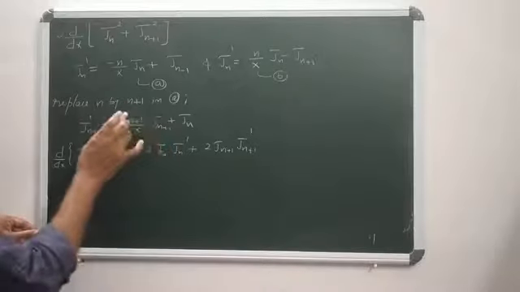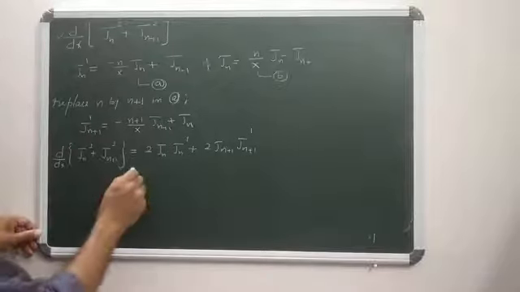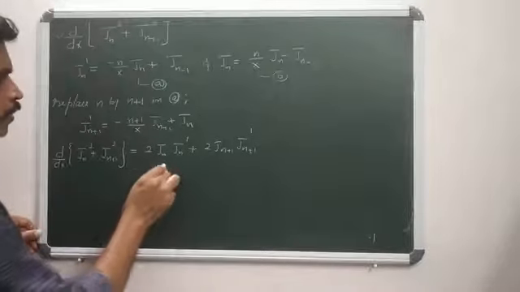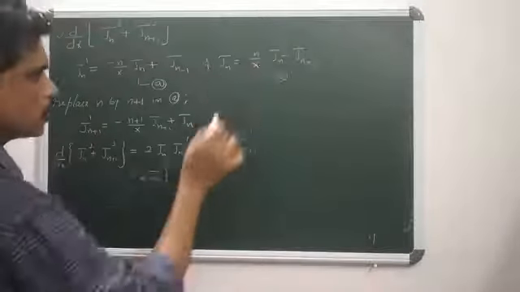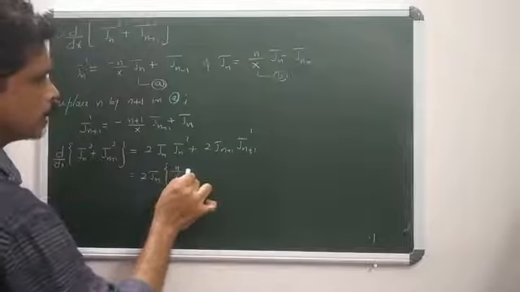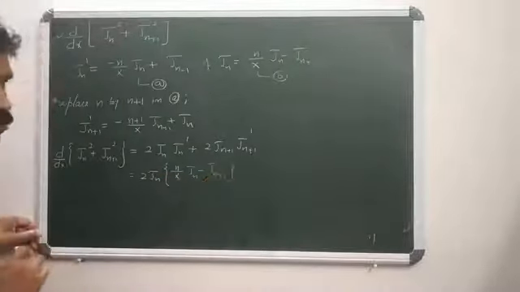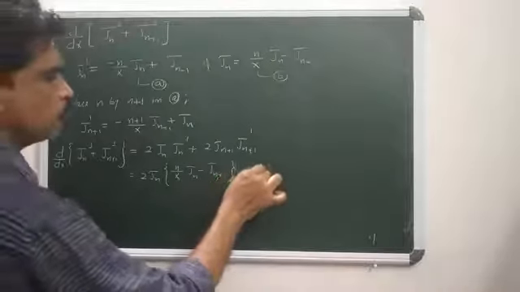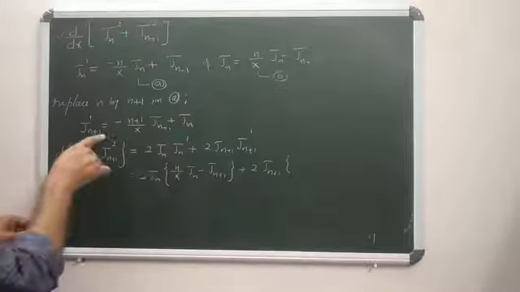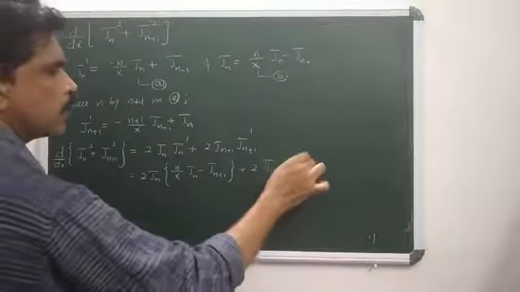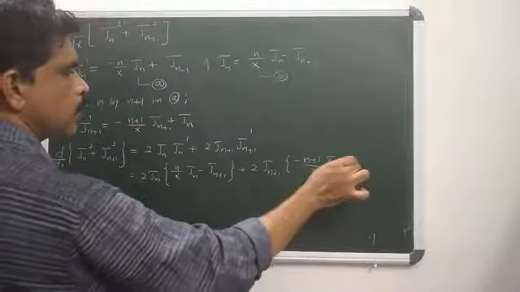Here we have J_{n+1}', and here we have J_n'. So that equals 2 J_n times J_n', which is the second formula, n/x J_n minus J_{n+1}, by using B, plus 2 J_{n+1} times J_{n+1}', which is given: minus (n+1)/x J_{n+1} plus J_n.